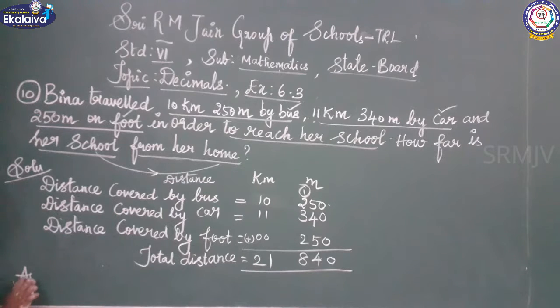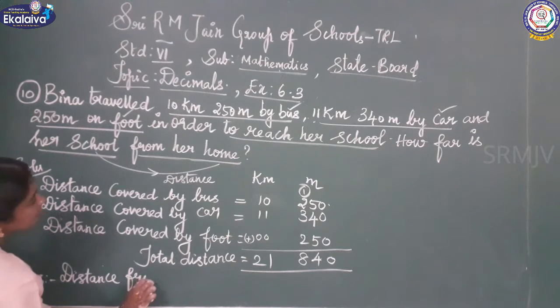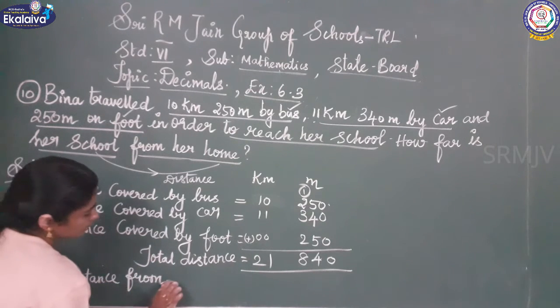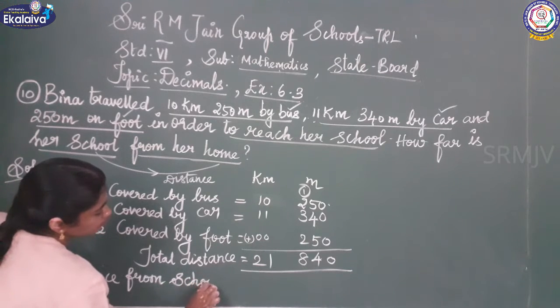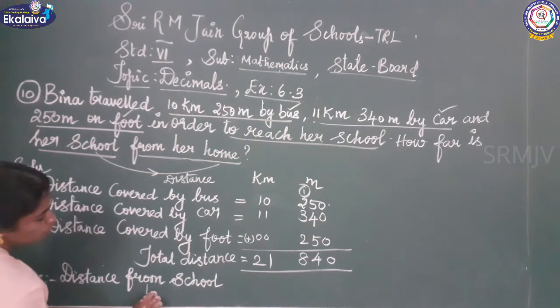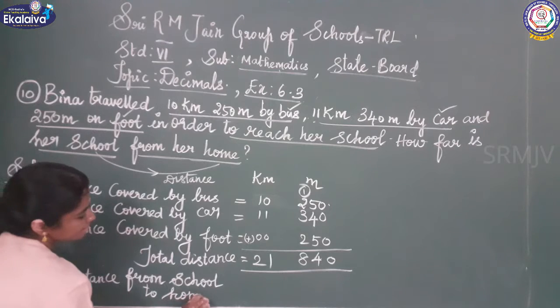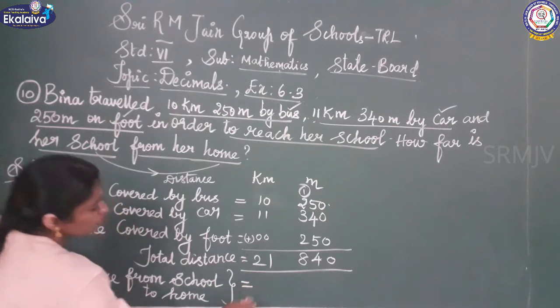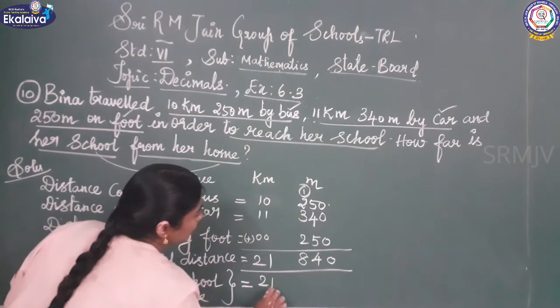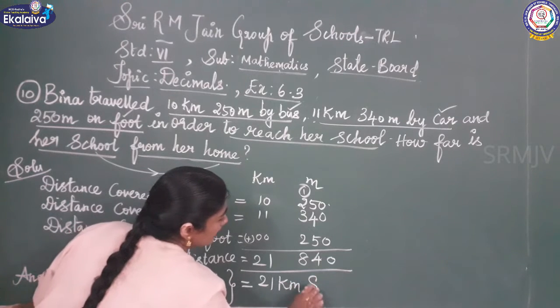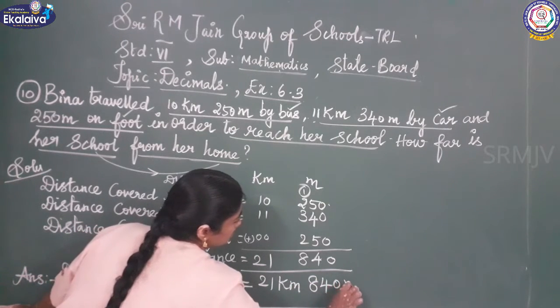Now finally I am going to write the answer. How far is our school from home? So distance from school to home is equal to 21 kilometer 840 meter.